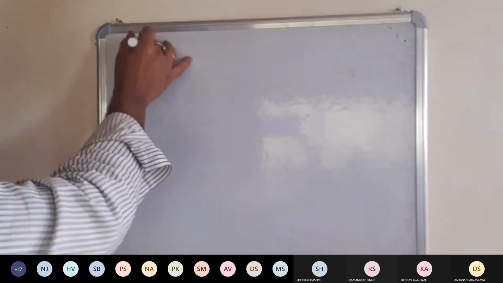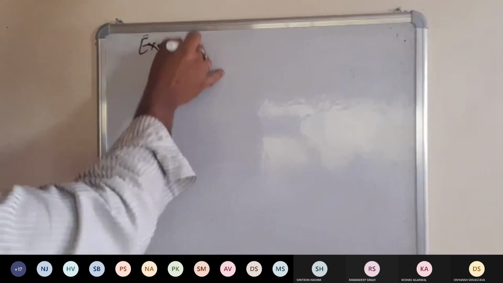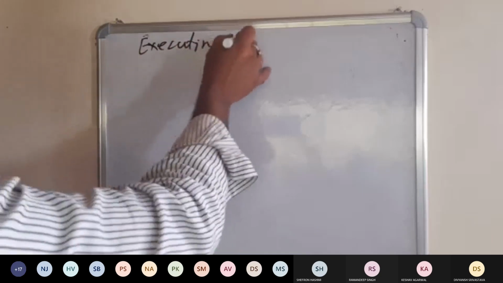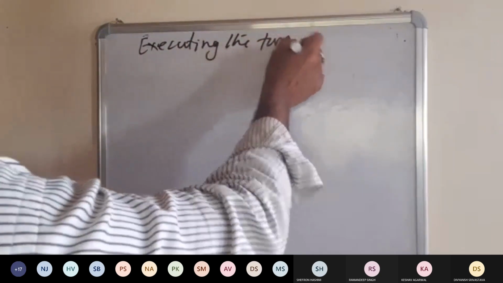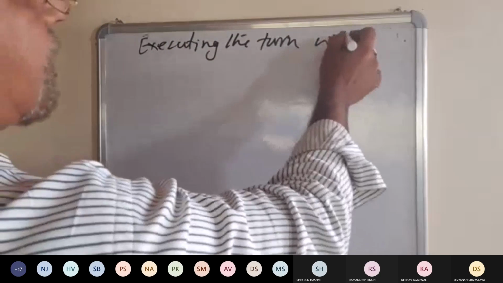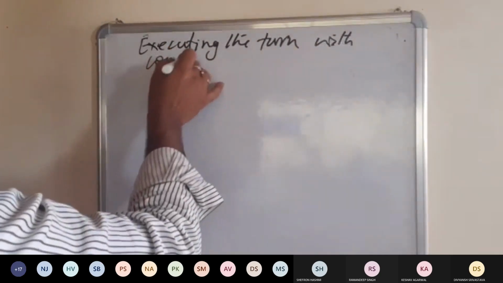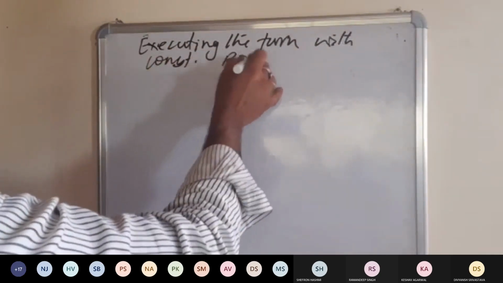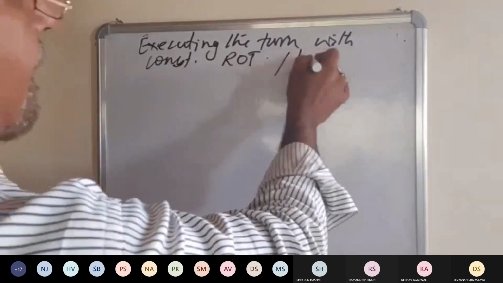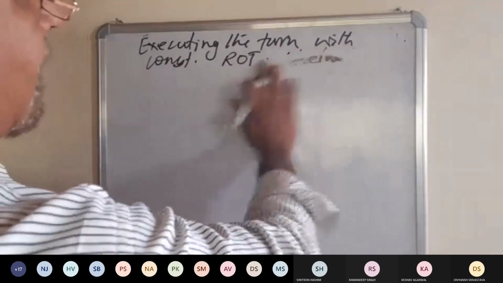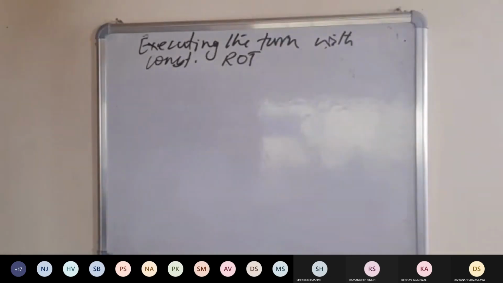Next one is executing the turn with constant ROT, people also call it constant helm, but we consider it constant ROT. Now we saw that during the turn when we have to maintain the radius constant, this is a tricky job.